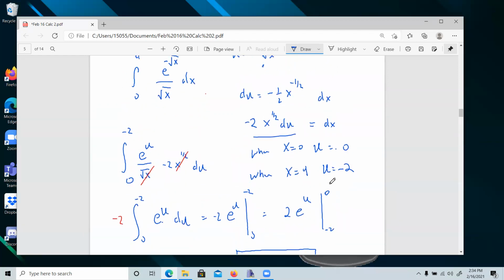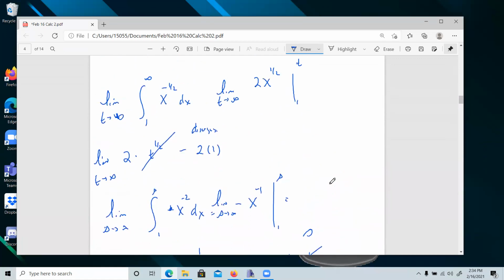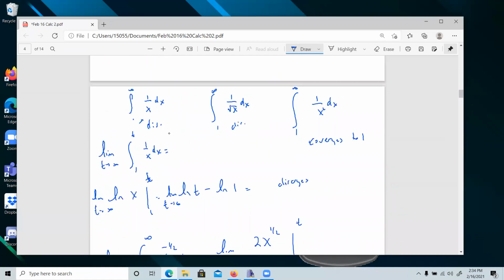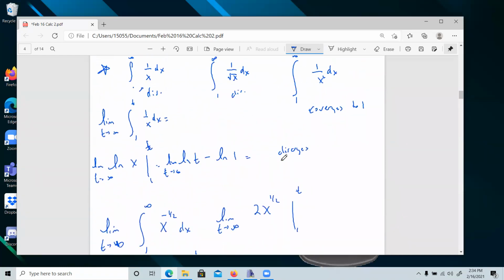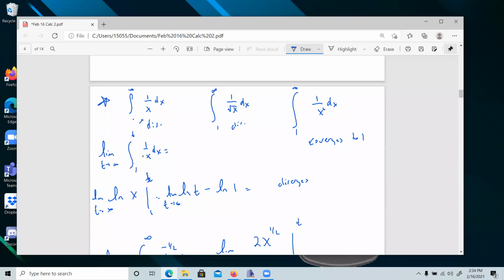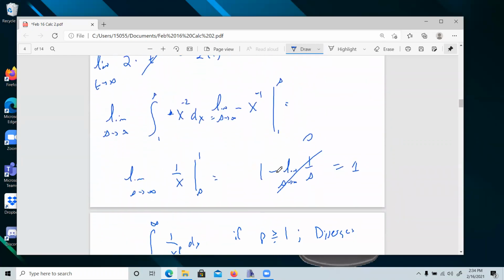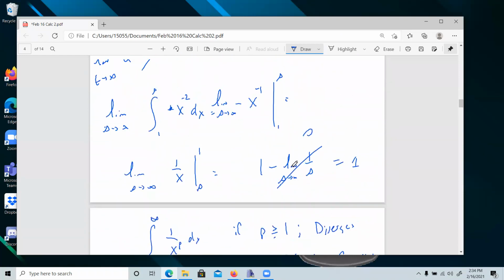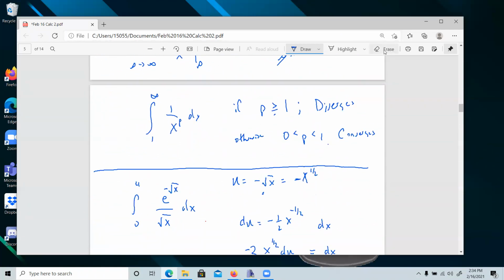Just to review a little bit: this result here, the p-test, as they call it later on. If your power is, did I write that? I did not write that correctly. Oh my goodness, I was thinking of something else.